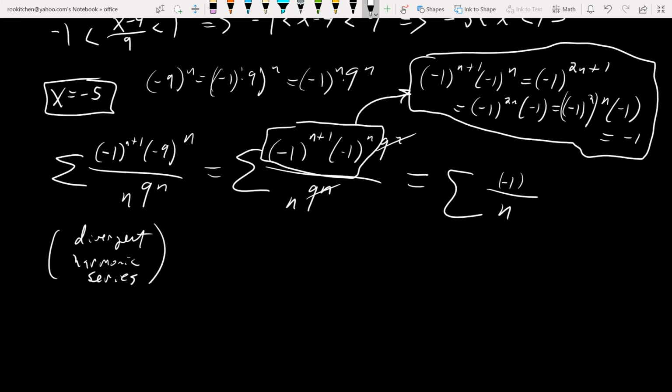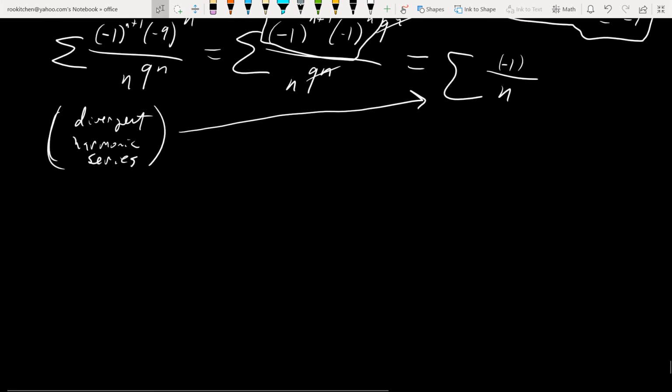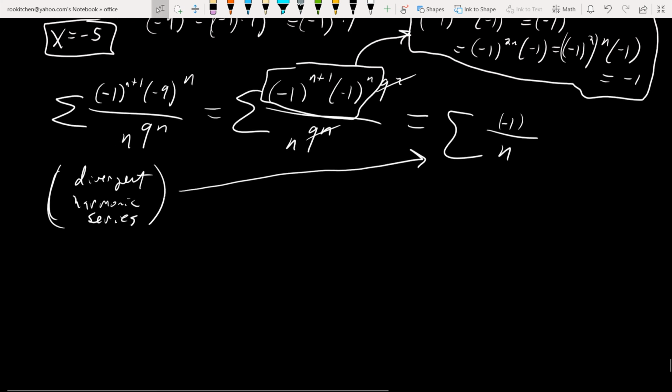So multiplying a series by a constant will not change its behavior, right? Adding a couple terms or subtracting a couple terms from a series also will not change its behavior. So this guy right here is divergent. It's a constant multiple of the harmonic series, but it's still divergent.